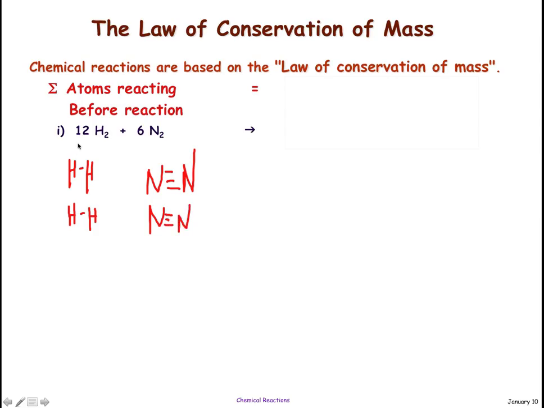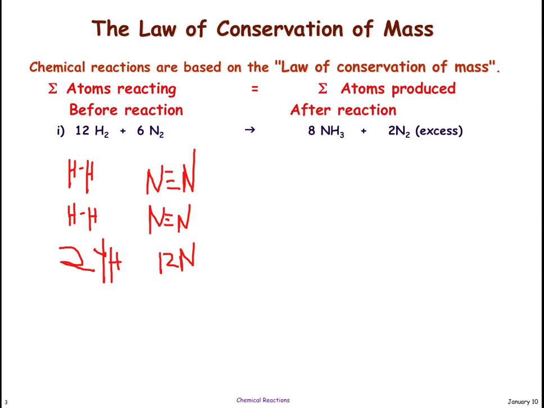So you can see right away, based on this information, you've got 24 hydrogens on the left side, 12 times 2, and you've got 12 nitrogen atoms on the left side. And when the reaction proceeds, you see that for every 1 nitrogen, 3 hydrogens are consumed.